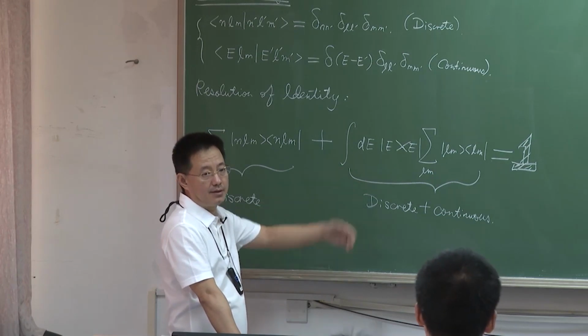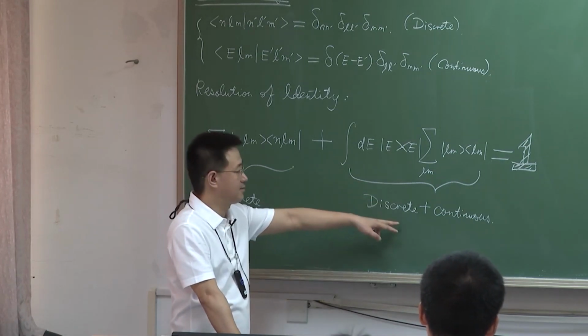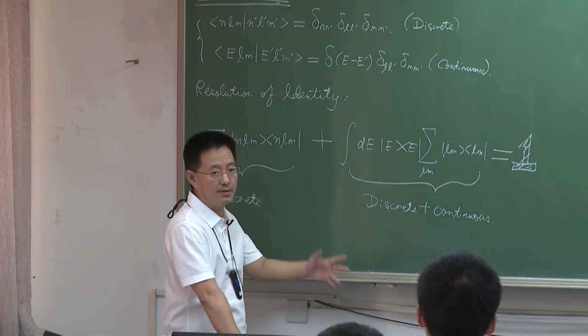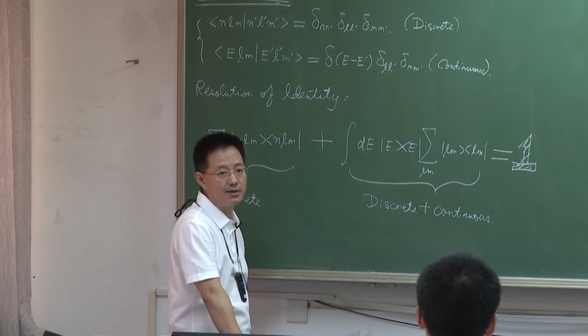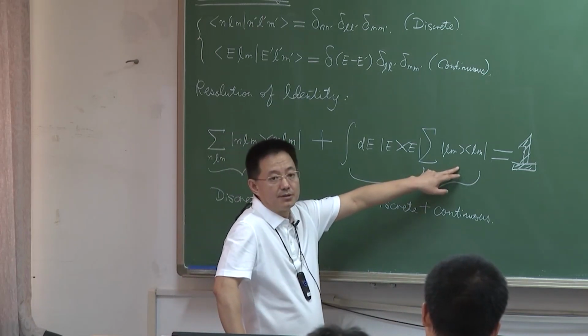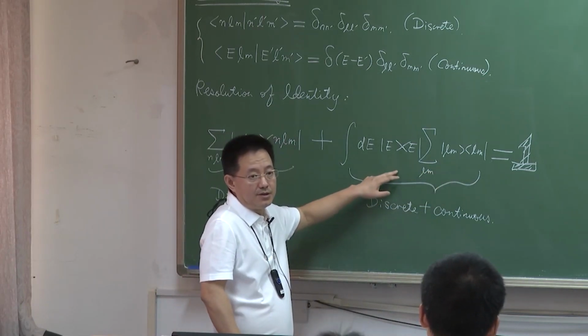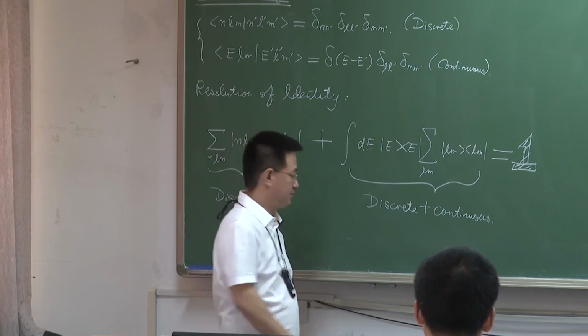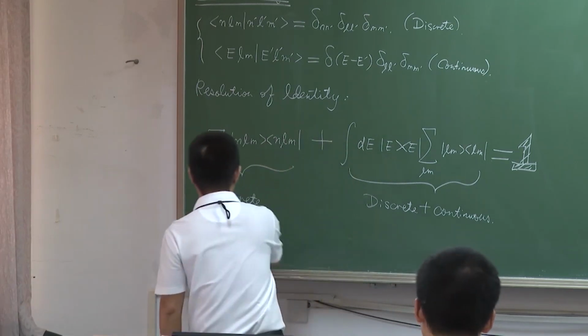You also have the eigenvalue problems even in the continuous case. For the free particle case, you have discrete eigenvalues for the angular momentum, so this is kept discrete. But for the energy, it is continuous. Okay, keep in mind, this is very important.